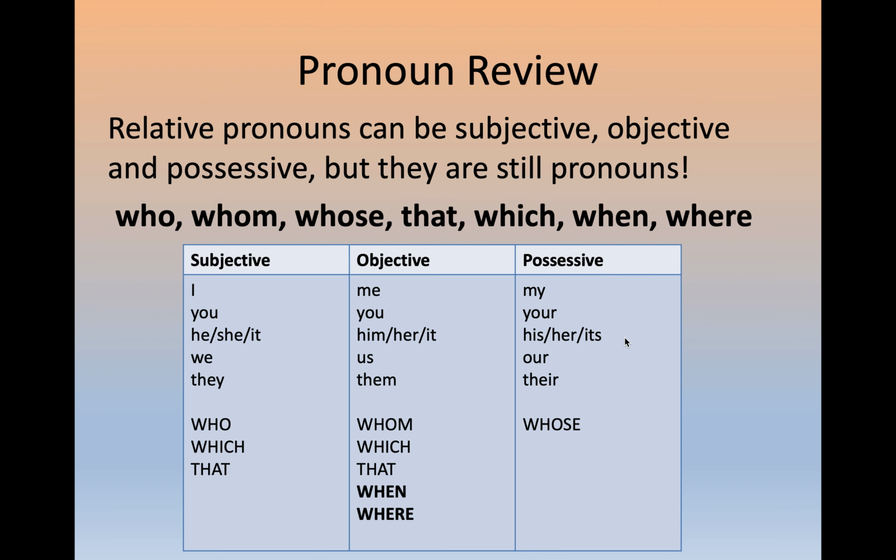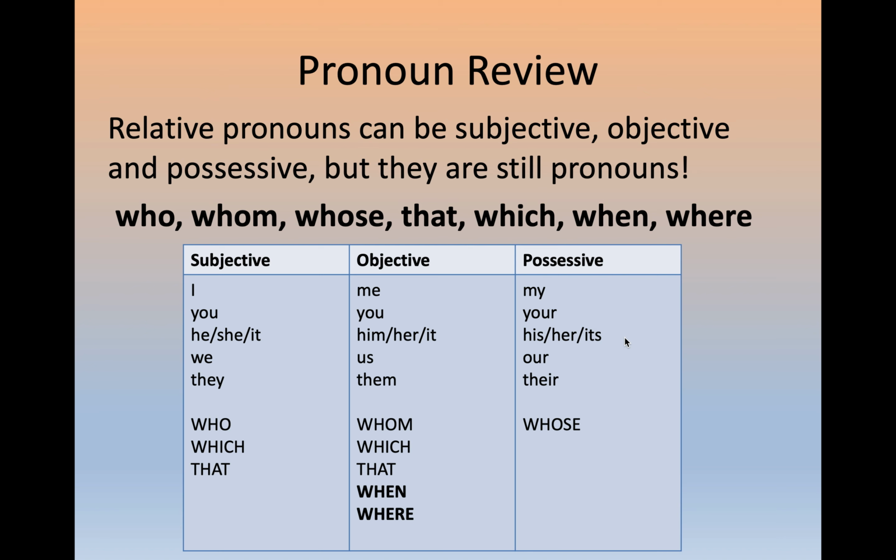Now keep in mind, English sentences follow SVO structure, subject, verb, object structure. So in a sentence like, I told you, I is the subject, you is the object. Okay, so I, you, he, she, it, we, they. These are subjective pronouns.